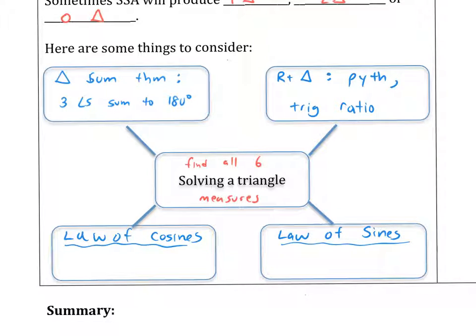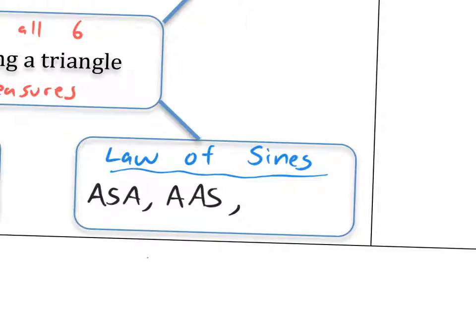So the law of cosines requires side angle side or side side side. Law of sines best works when you have 2 angles, angle angle side angle. But notice that we also put in sometimes side side angle. And this is the ambiguous case.